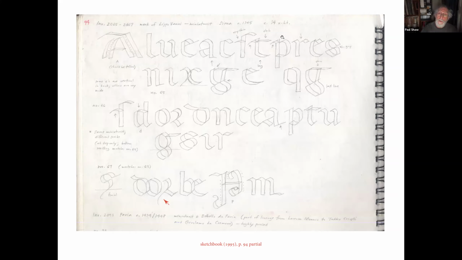And we'll find that for some reason, the P often has a different starting stroke than other verticals in Italian rotunda. It often has this little triangle that we associate with a Caslon typeface, in the large size, large N or T in the lowercase, a Caslon with this beak form.